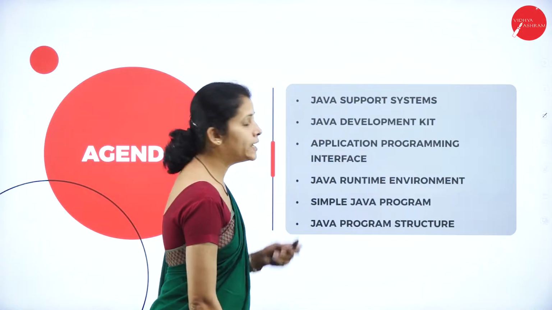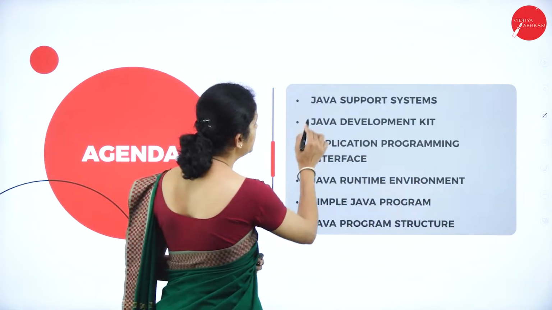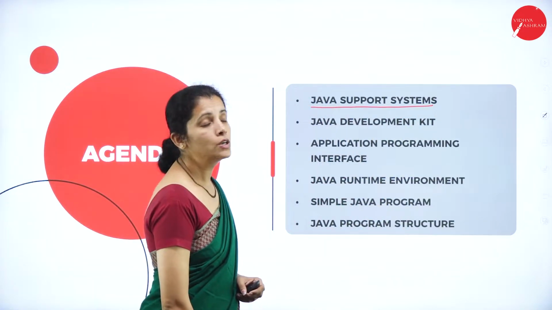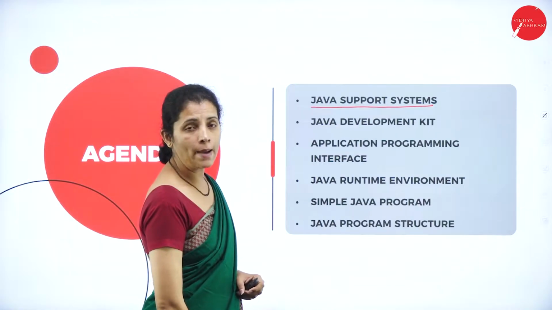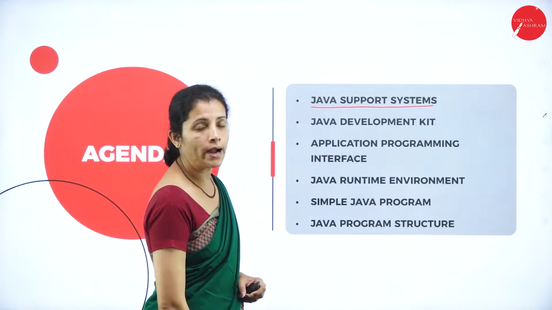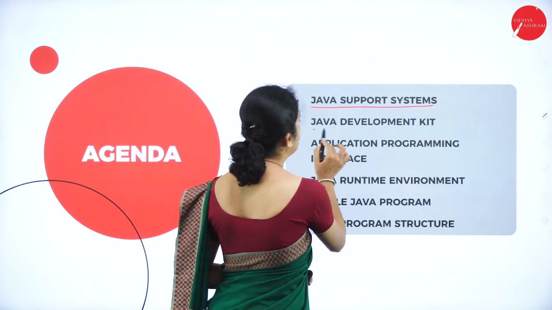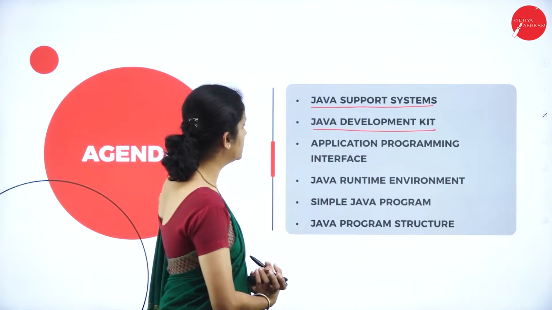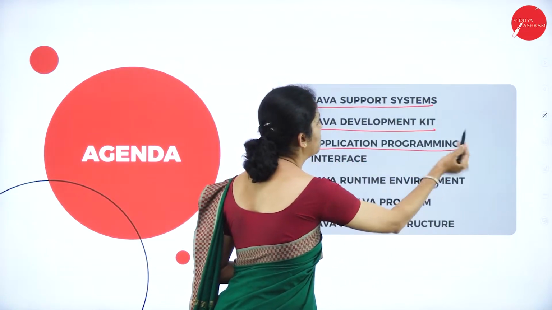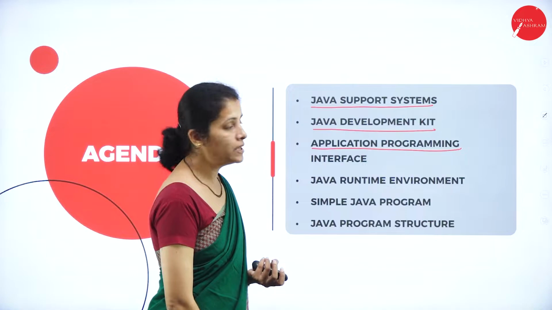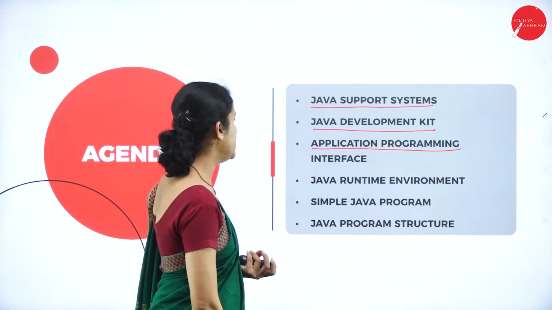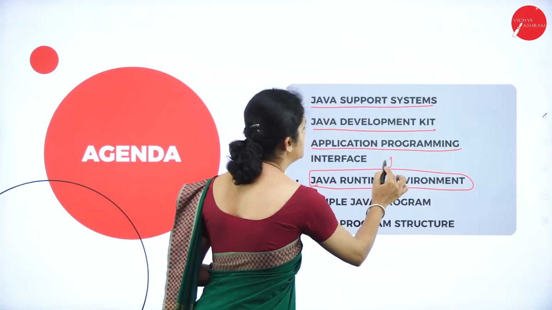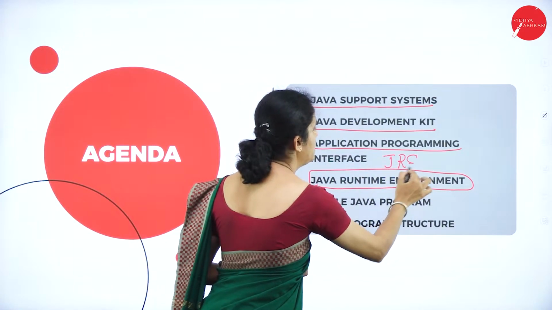Now, in my today's session, I'm going to deal with the Java support system. That means to run a Java program, what are the things I require? Along with that, I'm going to deal with the Java Development Kit, the application program interface, and the Java Runtime Environment, that is JRE.